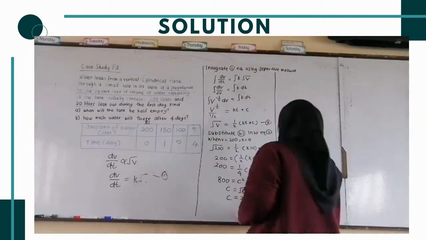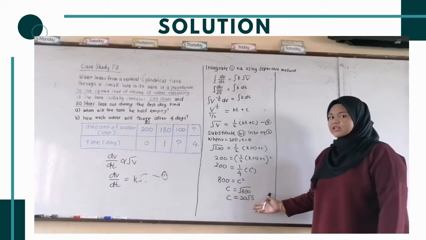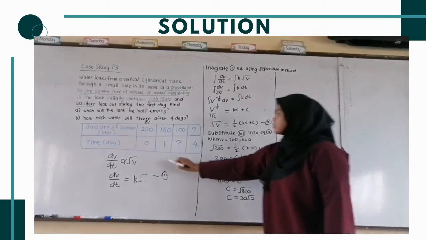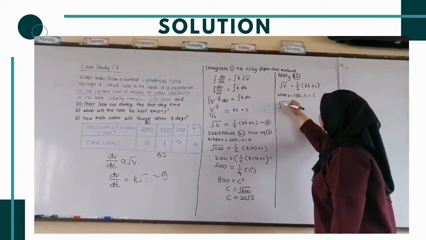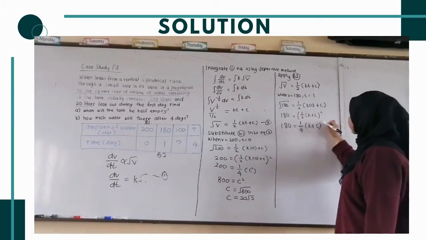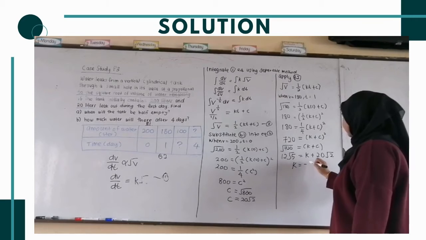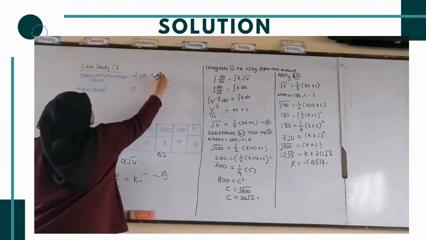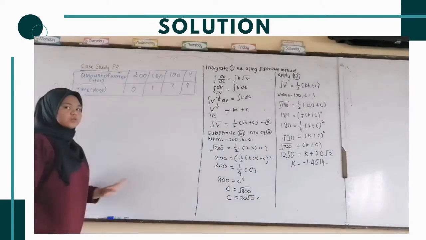So after we get the value of c, we need to find the value of k. So we need to use boundary condition 2, which is this one. So k is equal to negative 1.4514.